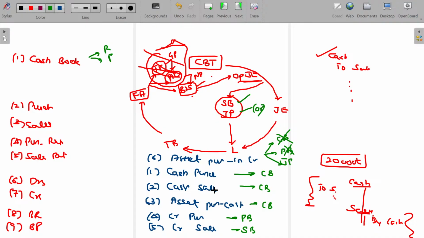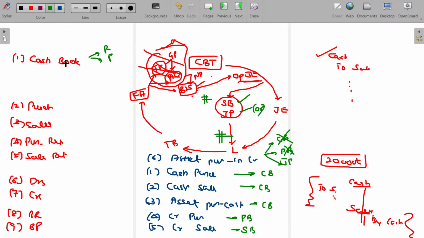From the ledger, how it is going to be transferred to the trial balance, which is easy. The main area where you have to focus is this one. This is most important. Understand how you can post in the concerned subsidiary books as well as journal proper, and then how these things are posted in the ledger. These 2 steps are very, very important to understand. Then it's okay.